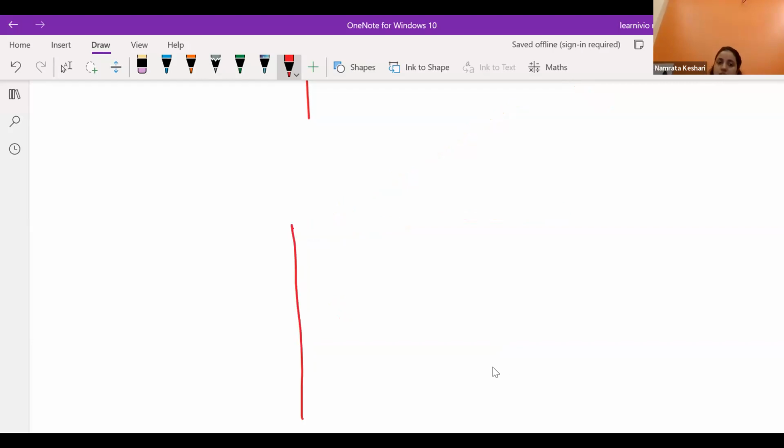Suppose this is a building, this is point P, the person is sitting at the top, that means at point P, and looking down. So here one angle will get created with the horizontal. Don't say this angle, no, angle means the line of sight.